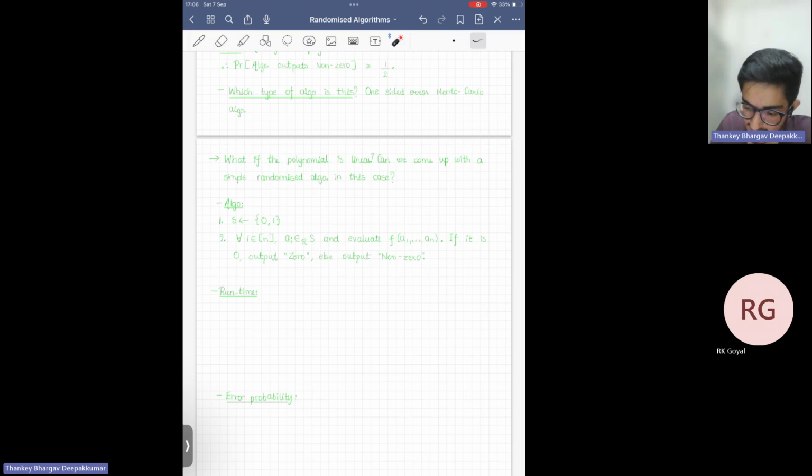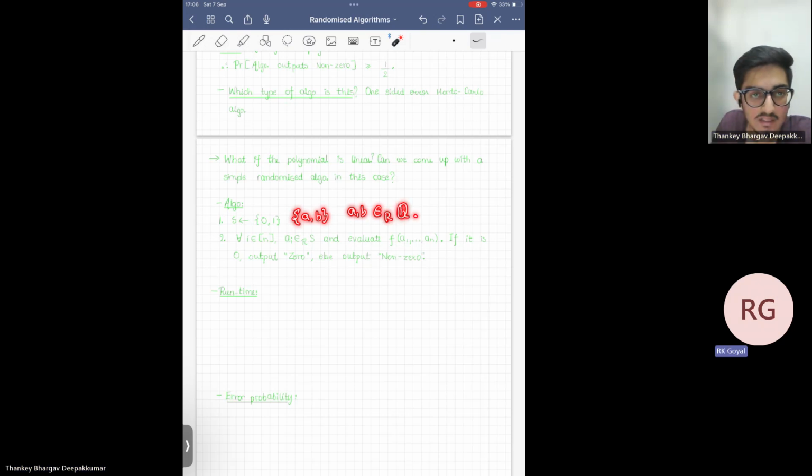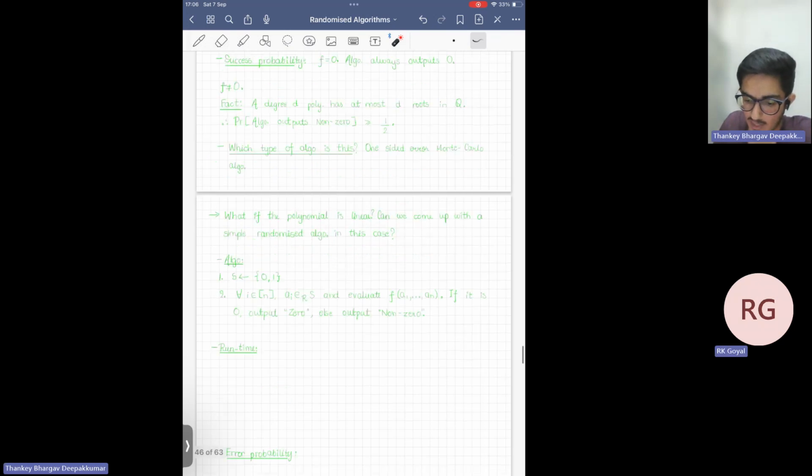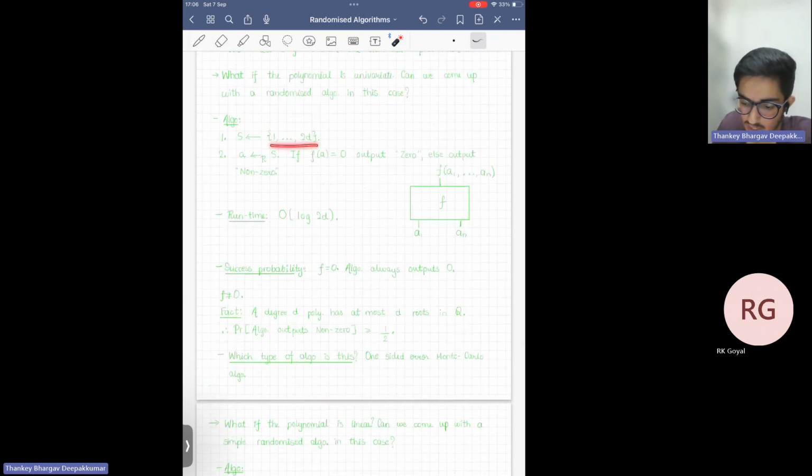In fact, any two numbers would have worked here, say a comma b, where a and b are in Q. That was happening even yesterday: I picked S to be 1 to 2d, but any set of size 2d would have worked because the polynomial would have at most d roots. That is true. But picking the values from 1 to 2d makes sense, while picking the values as either 0 or 1 does not make sense.